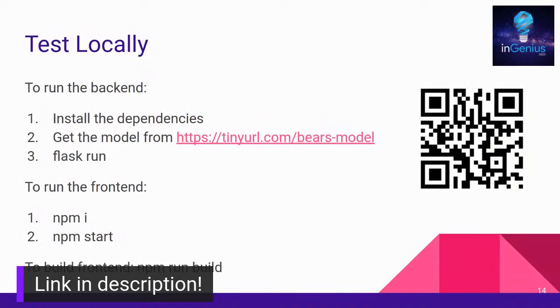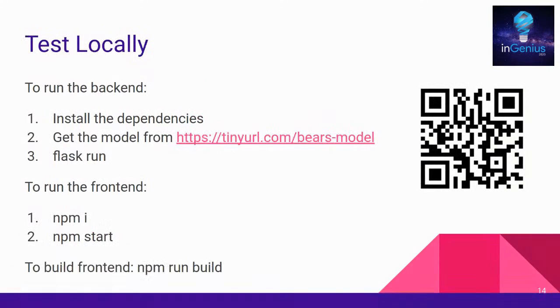As I mentioned before, if you want to test this model locally, all you have to do is install the dependencies. You can do that with pip install -r requirements.txt. You can get the model from this URL, tinyurl.com/bears-model, or you can scan this QR code to redirect you to the model page as well.